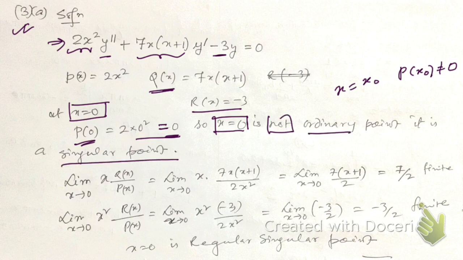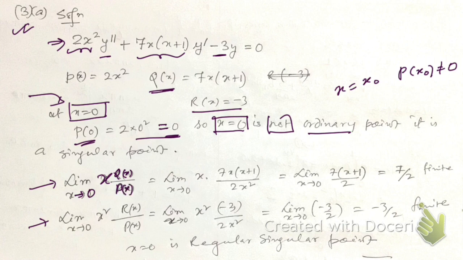So there are two kinds of singular point, one is regular and one is irregular, right? To be regular, these two conditions must be satisfied. Taking the limit as x tends to 0, because we are doing it for x equal to 0, of x into q of x divided by p of x. Hope you can see this.